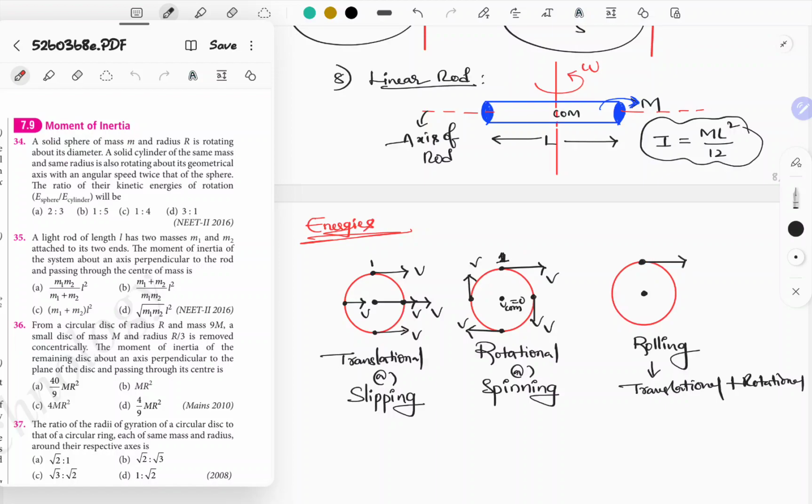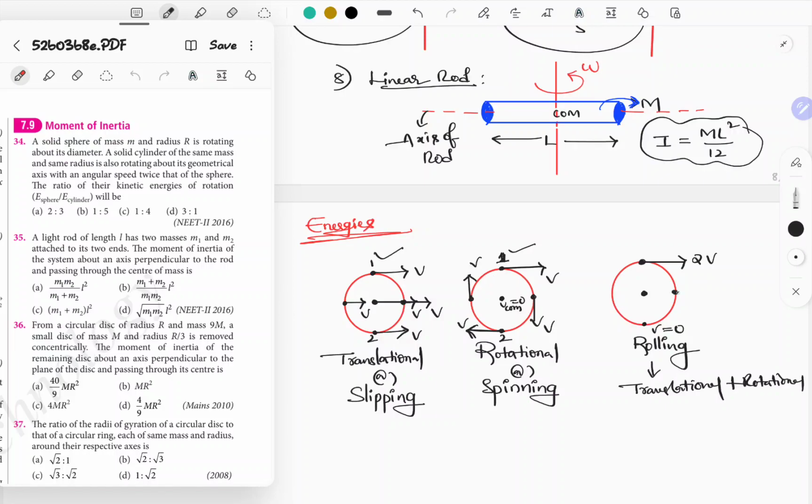So if you add those velocities, it is going to be 2v. Velocity at the bottom is equal to 0, because at position 2, one is towards right and another one is towards left, so if you add them, it is going to be 0. Now let me consider the velocity at this position.